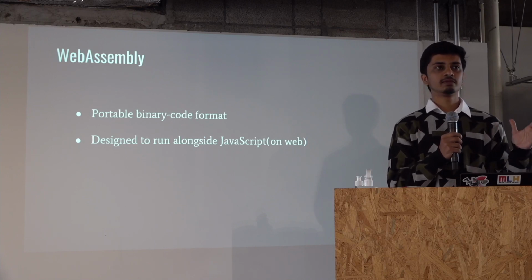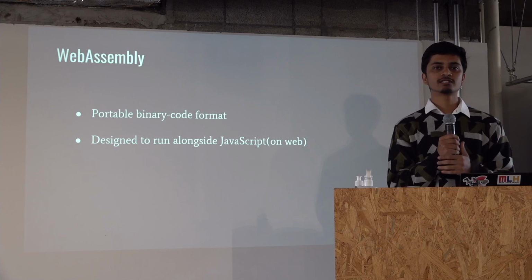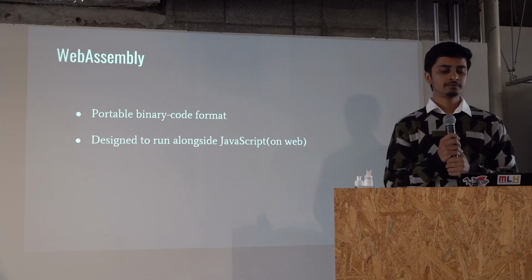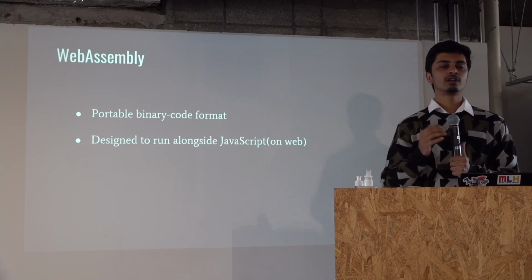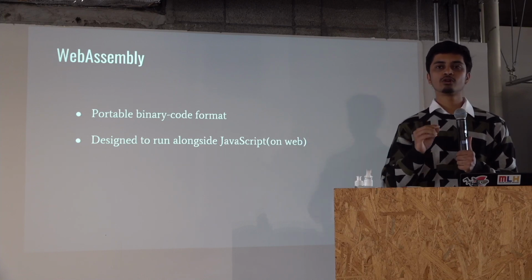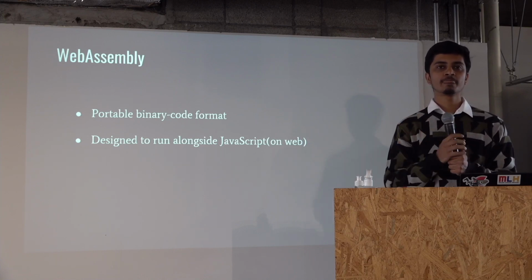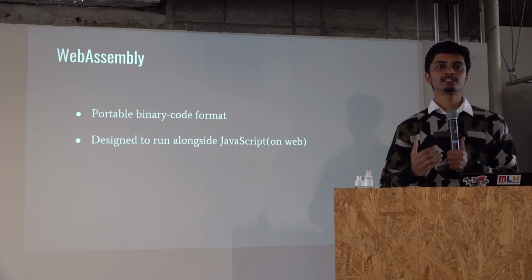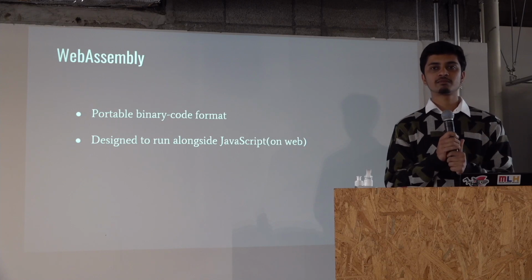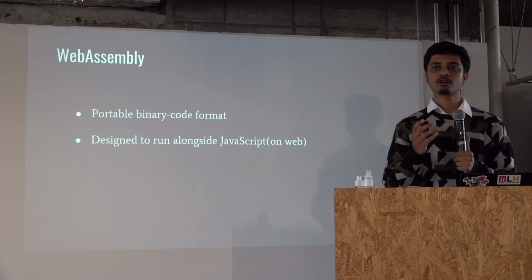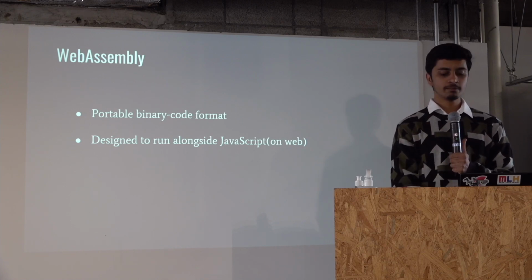So it is basically there to complement JavaScript and not replace it. Your code written in other languages is compiled to a WASM module, a .wasm file, and then it is eventually run through a different pipeline which is present inside the JavaScript engine in all the browsers. So that's how your WebAssembly code is run on the web.